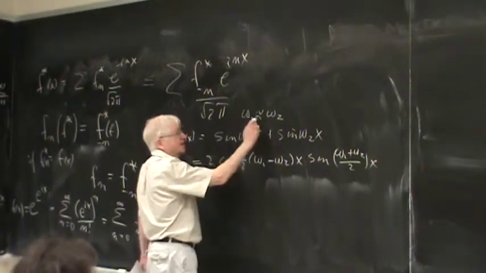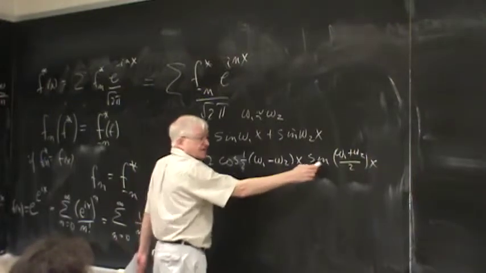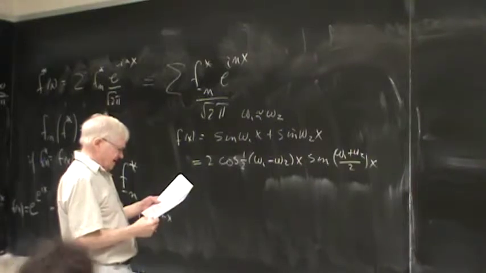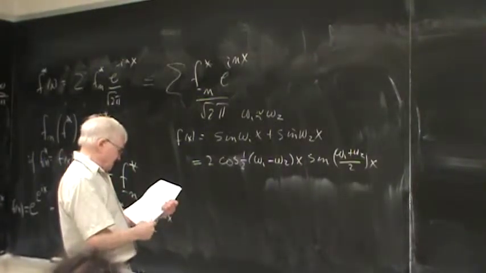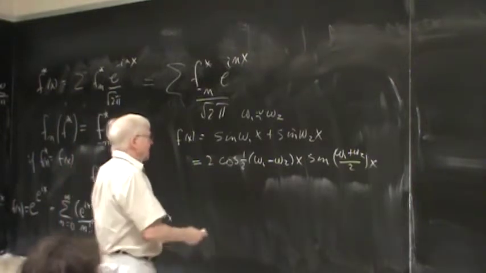If omega 1 and omega 2 are approximately the same, this is a very slow frequency, and this can be a very fast frequency. In the figure, I've got omega 1 equal to 30 and omega 2 equal to 32.